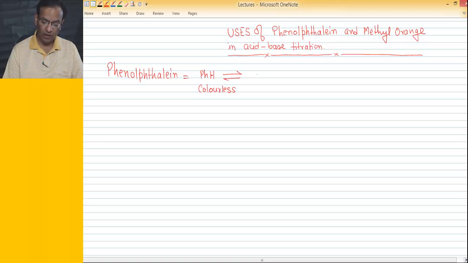However, its conjugate base is pink colored. Obviously, if the solution is acidic, then due to common ion effect, this form will predominate. If the solution is basic, this conjugate base will predominate.